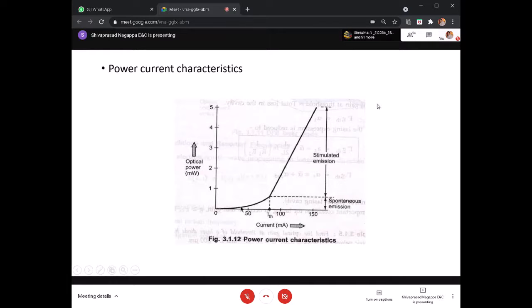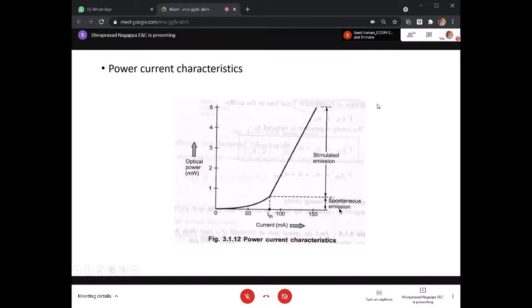Here you can see, initially, as and when the photons hit the object, it is going to liberate. There will be an emission. As and when it absorbs, an emission will be taking place. That is spontaneous emission.